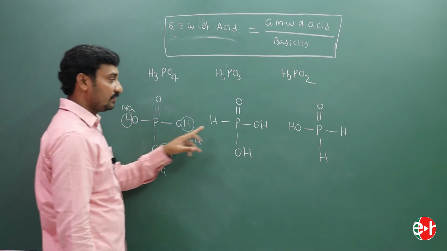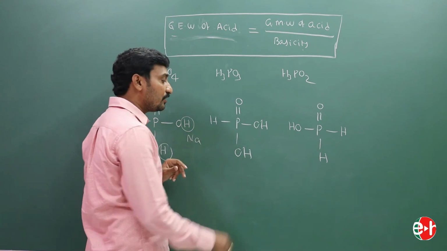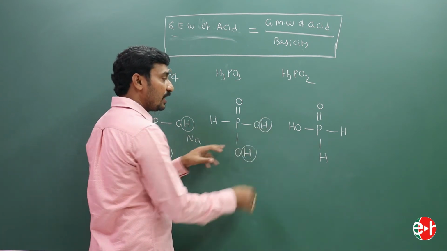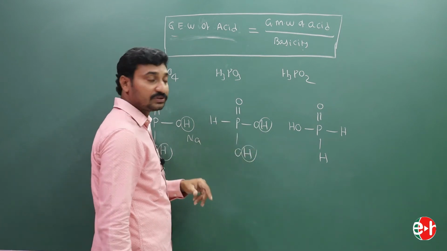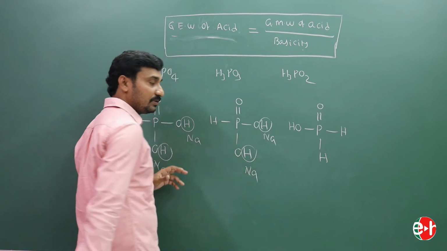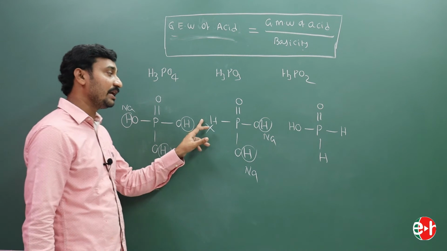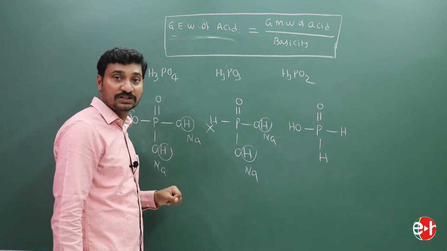Here, not all 3 hydrogens are replaceable, only 2, because 2 hydroxyl groups are present. Sodium can replace the hydrogens here and here, but this one is not replaceable, because it is not connected to oxygen, it is connected to phosphorus.